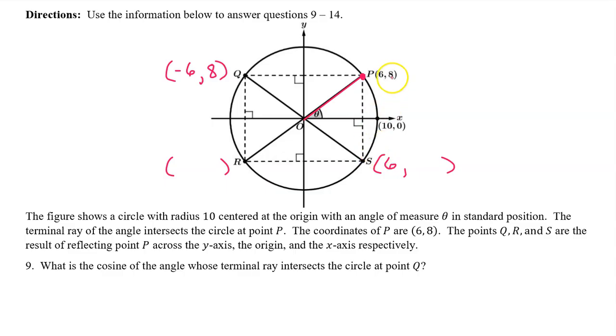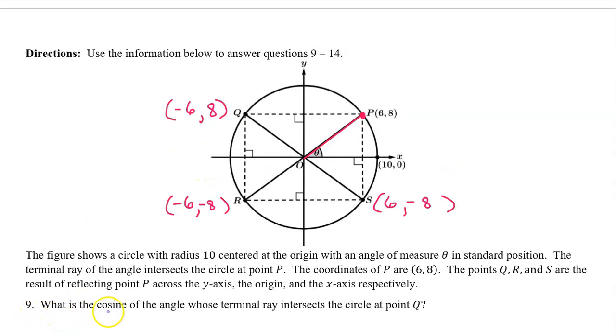And it will have the opposite vertical displacement as P, therefore negative 8. The point R should have the same horizontal displacement as the point Q, therefore negative 6, and the point R should have the same vertical displacement as point S. Therefore, -8.